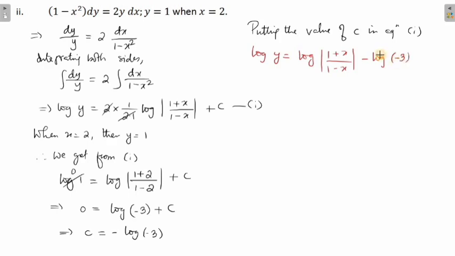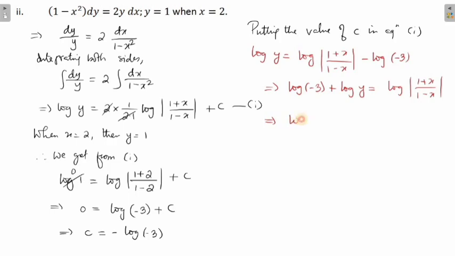Okay, so bring this minus log out here. So you get log(−3) plus log y equals log (1 + x) divided by (1 − x). Again apply log a plus log b equals log ab.